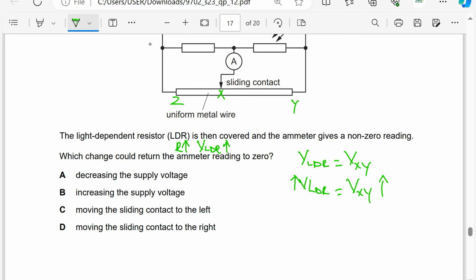But remember, in comparison, the PD across XY divided by the power supply, which is the PD across ZY, should be equal to the length XY divided by the length YZ or ZY.